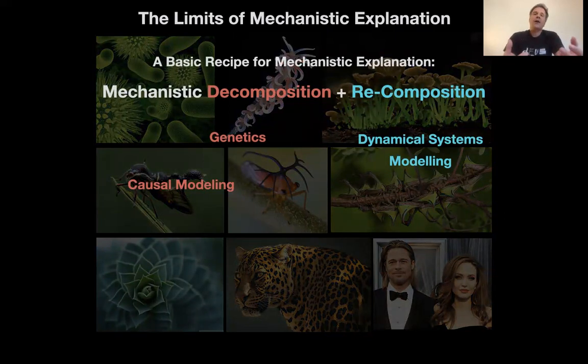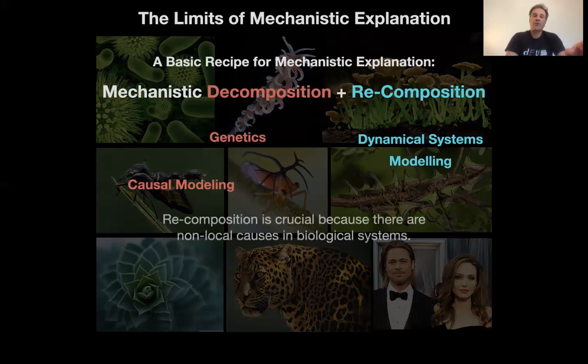So this idea of dynamic mechanistic explanation, and this is very important, not only involves decomposing a system into its parts by doing genetics, molecular biology, or also causal modeling, but recomposing it again into a dynamical systems model, for example. And we were looking at examples in the last module, looking at evolvability or homology of processes, that employ this sort of approach.